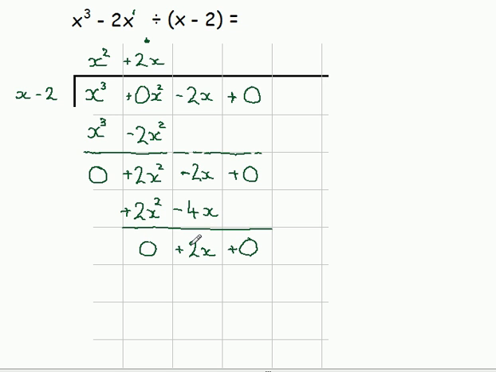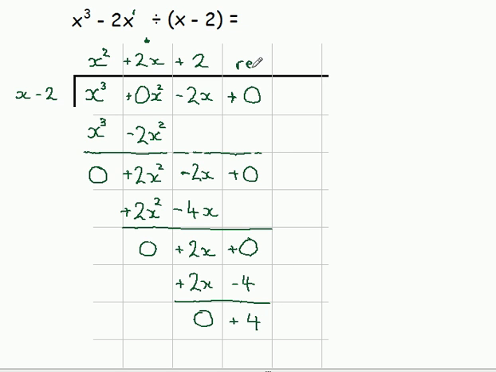Now plus 2x divided by x gives me plus 2. There. This times this gives me plus 2x minus 4. And again, top minus bottom gives me 0 plus 4 there.